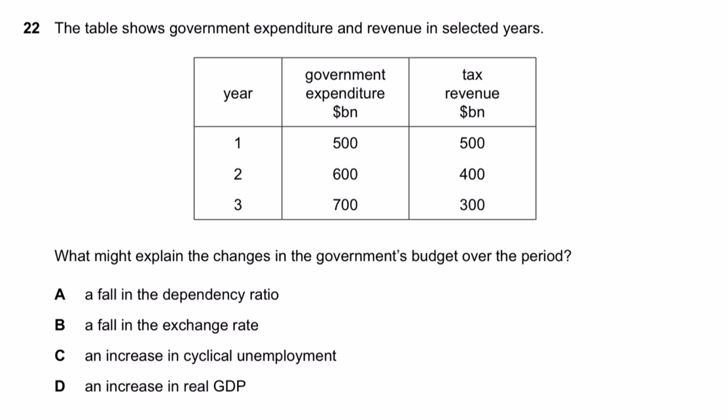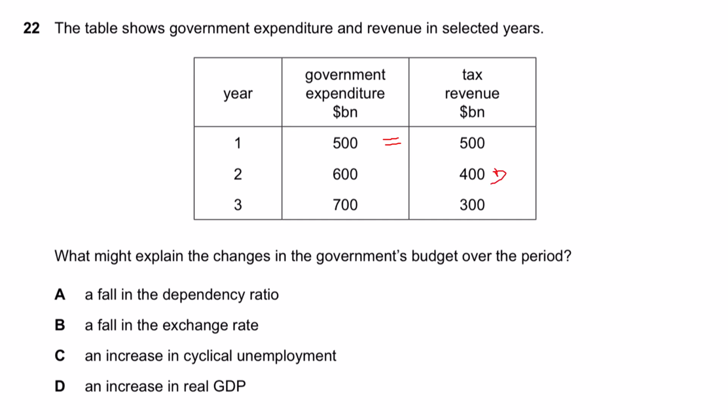Next, the table shows government expenditure and revenue in selected years. What might explain the change in the government budget over time? Here we can see this is an equilibrium budget. This is 600 and here it is 400, so a deficit budget.